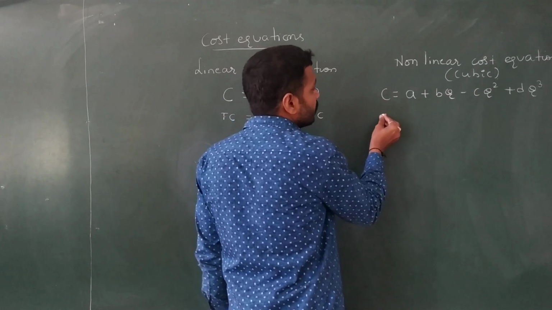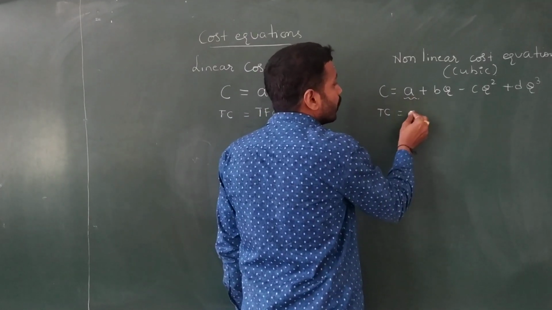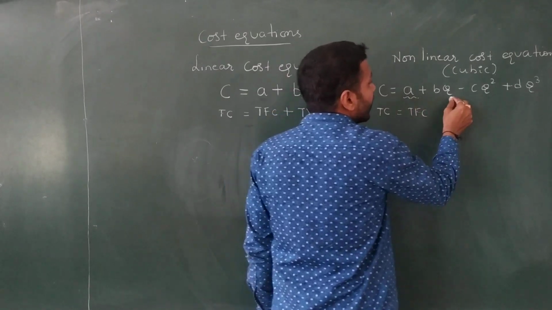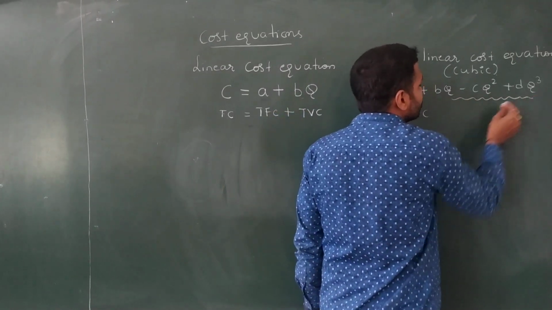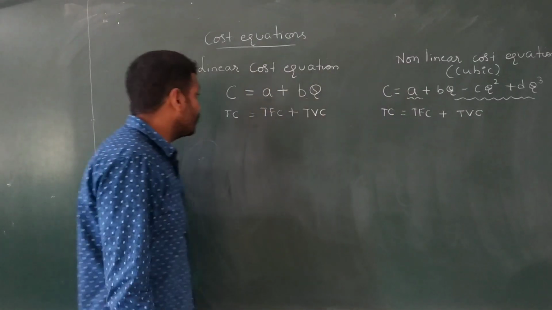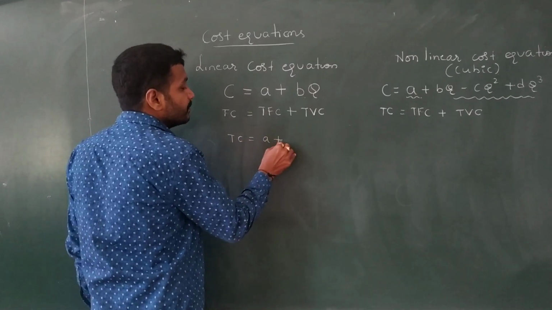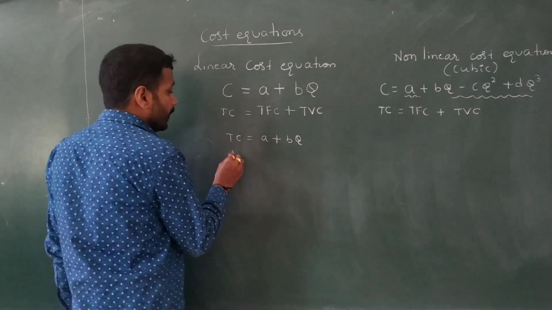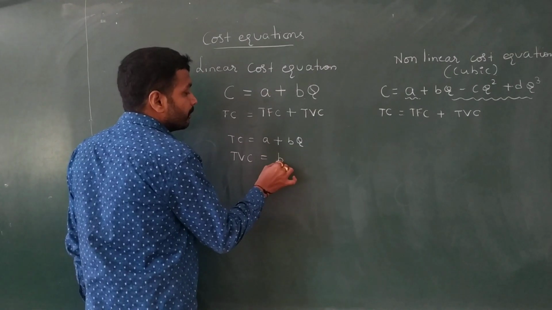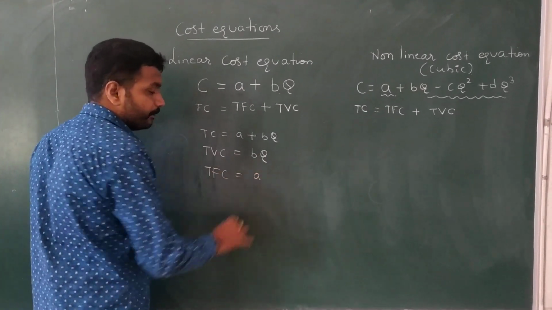Here also C stands for the total cost, A stands for total fixed cost, and the remaining expression stands for total variable cost. So we know that TC is nothing but A + BQ, TVC is nothing but BQ, TFC is nothing but A.